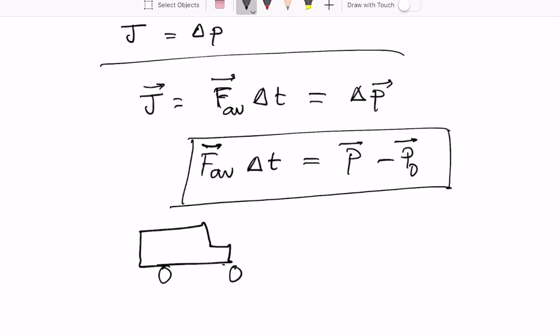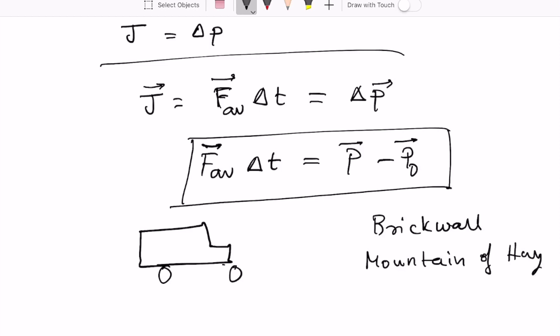Like they can decide which one they want to collide with. So there is a brick wall, and there is a mountain of hay, a huge mountain of hay. Now, if you were driving this car, which one would you choose to collide with? The answer is you would obviously choose to collide with the mountain of hay, right? You would not want to collide with this.